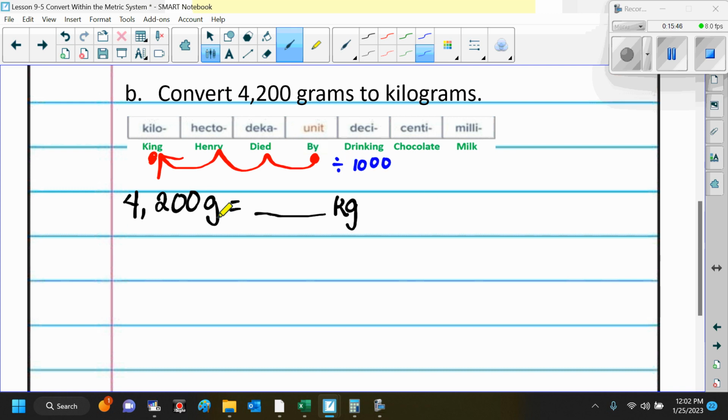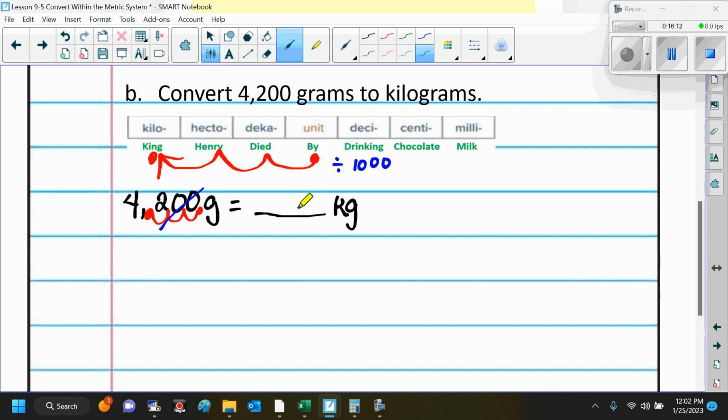Where's the decimal in 4,200? It's at the end. Very good. So we're going to move that decimal 3 places. 1, 2, 3. Can I cross out everything there? No. I gotta leave the 2, but can I cross out the 2 zeros?